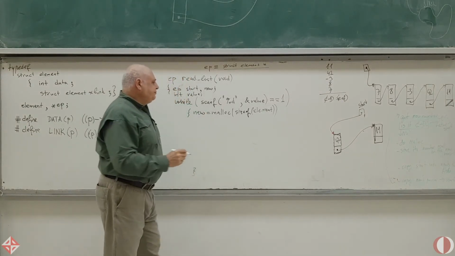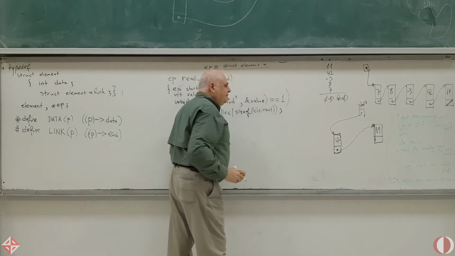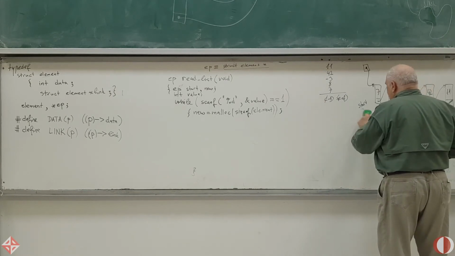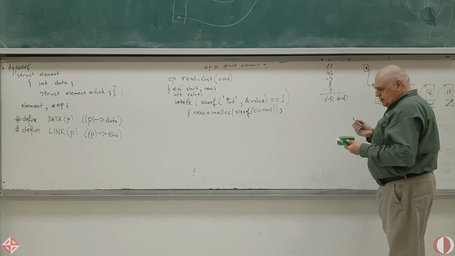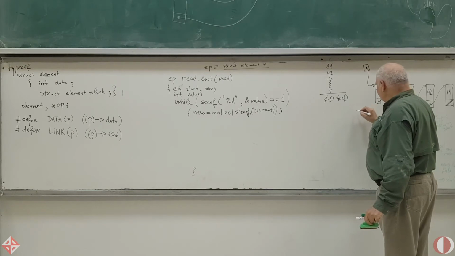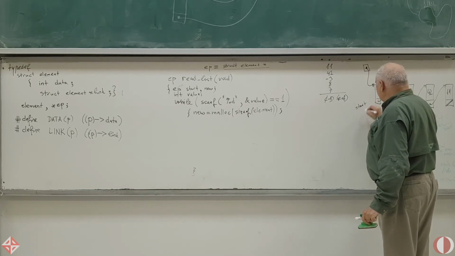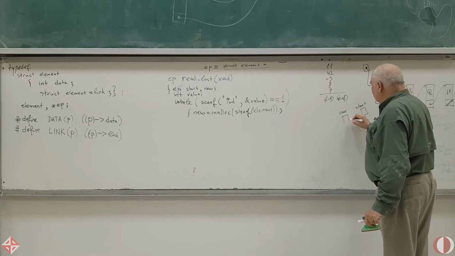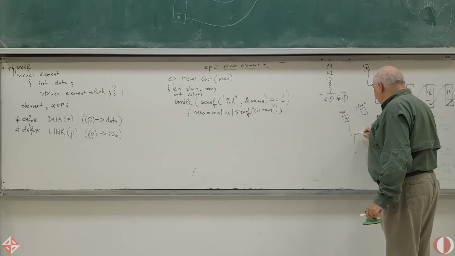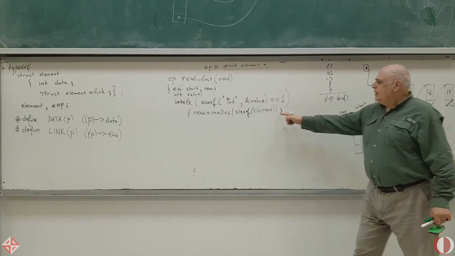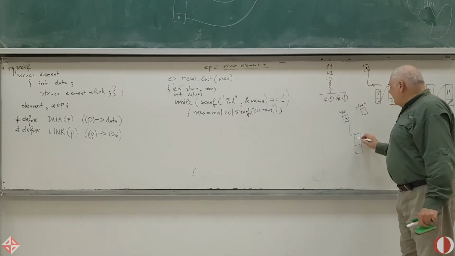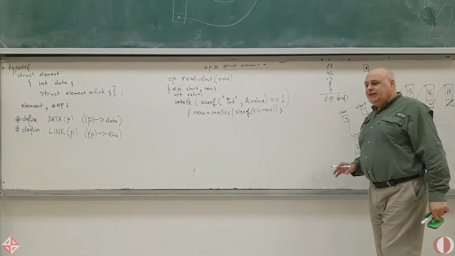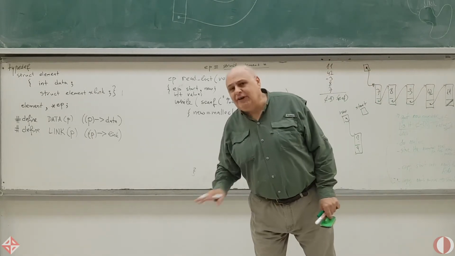Okay, now what we have done is we have a start box, we have a new box, and in here we have put something like this. What is in here? All garbage. What you get with malloc is full of garbage.